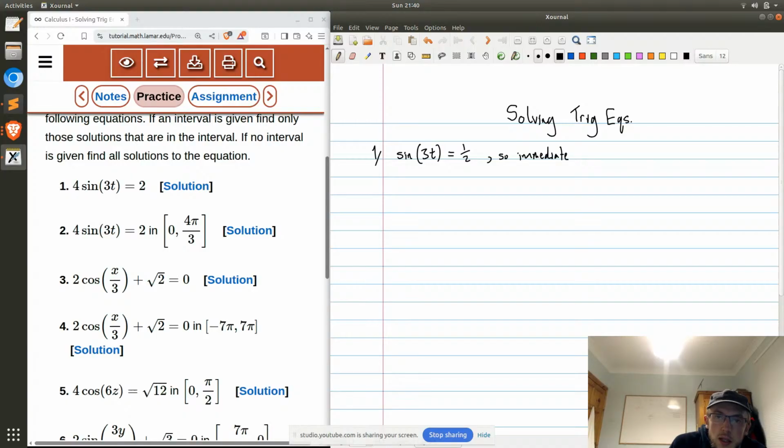Immediately we can say t equals 10 degrees. But we want to capture all solutions.